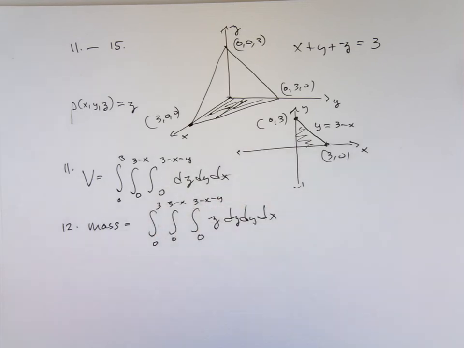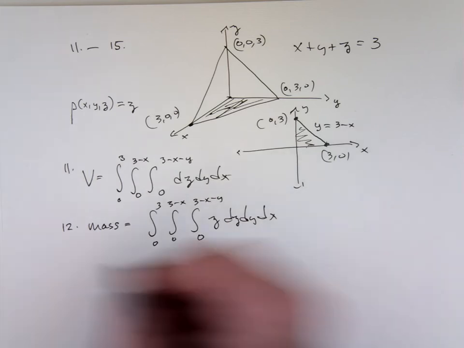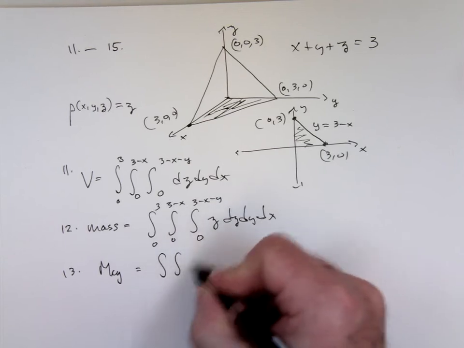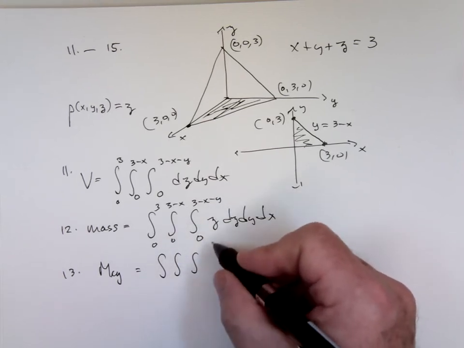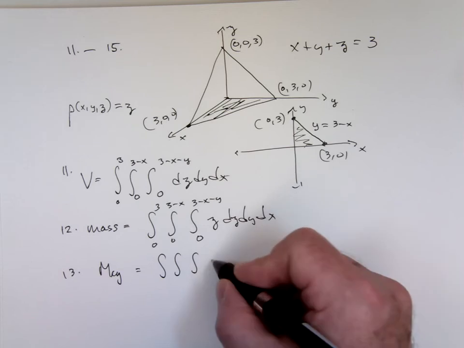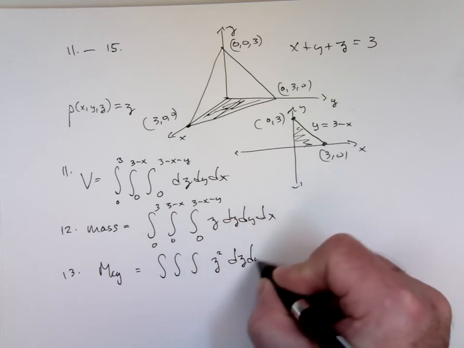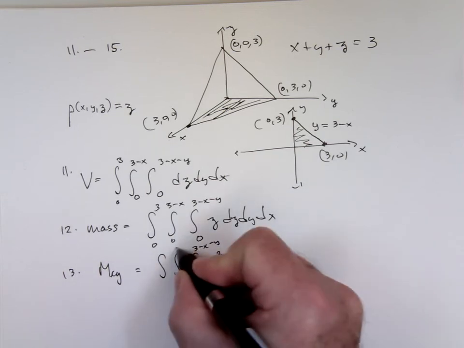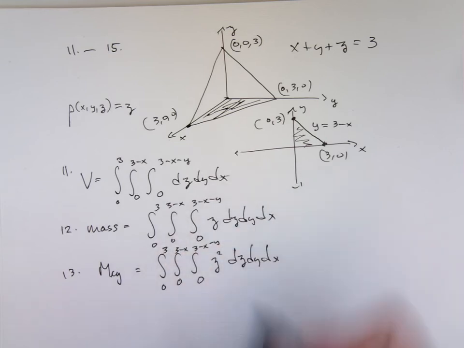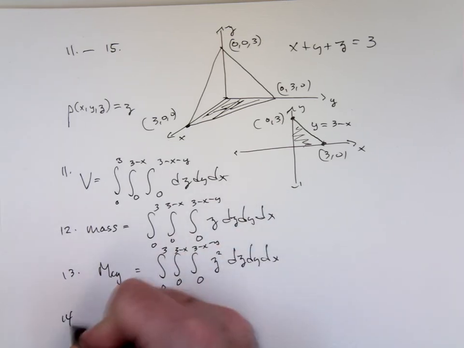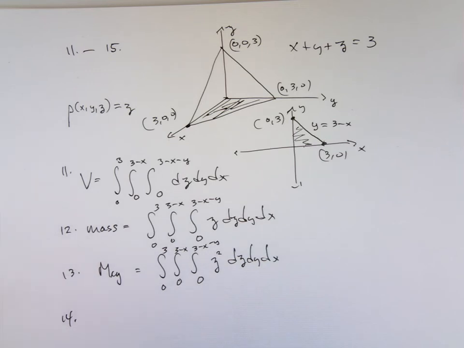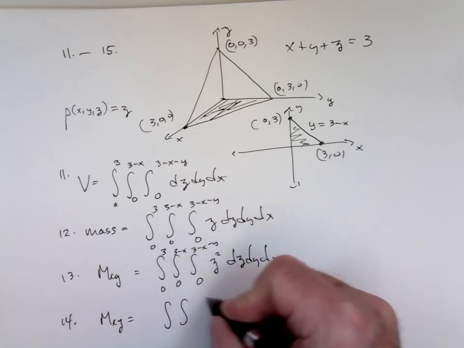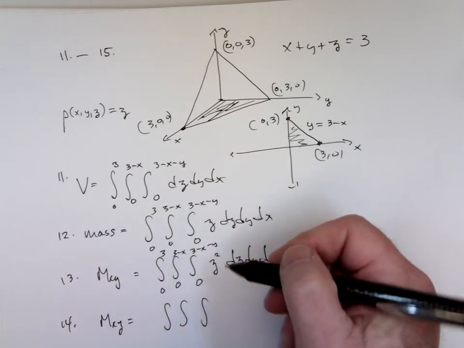Okay. And 13 is the moment from the xy plane. And that distance is z. We already have z as the density function, and we have another z, which is a z squared, therefore. And the limits of integration are again the same. And now the moment from the xz plane is that distance is a y, so we're going to have a yz.